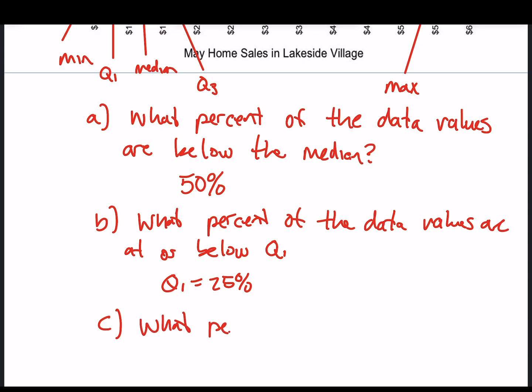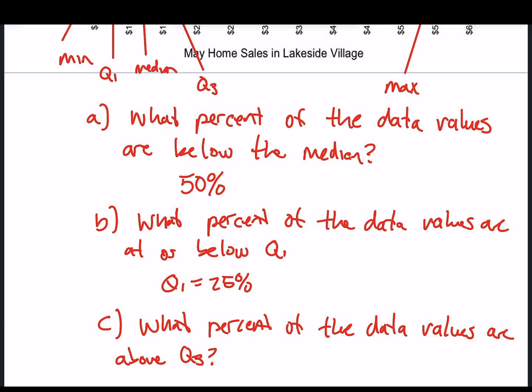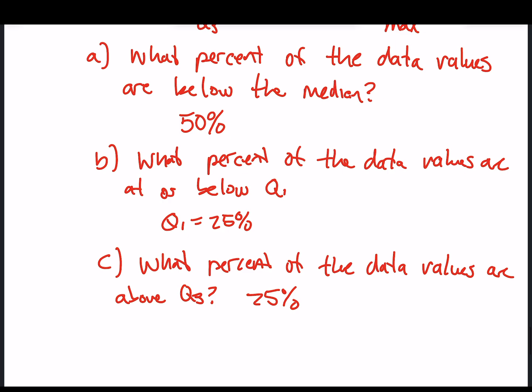Okay, part C. What percent of the data values are above Q3? Well, again, that's the third quartile, so there's one quartile above that, which means there's 25%.